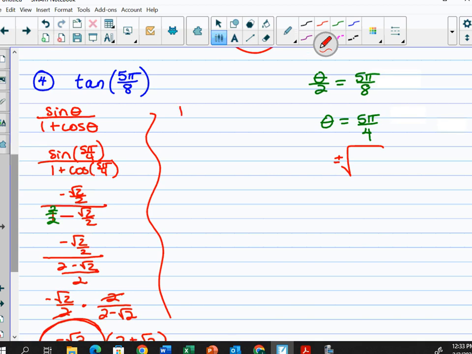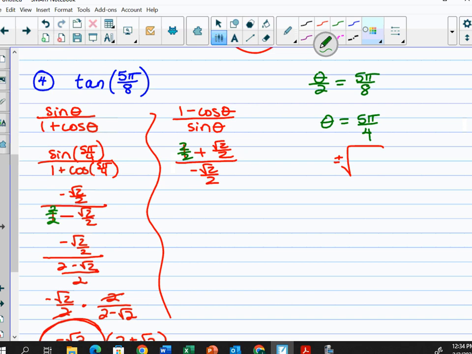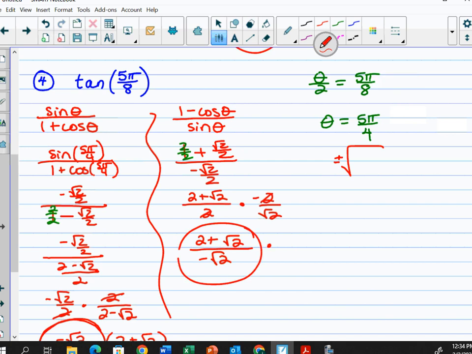So another option. I'm going to go through this one a little more quickly because we already know what the thetas and everything are. So that ends up being plus root 2 over 2 over negative root 2 over 2. So if you got to 2 plus root 2 over negative root 2, good. Okay, rationalizing, this one's easier rationalizing.